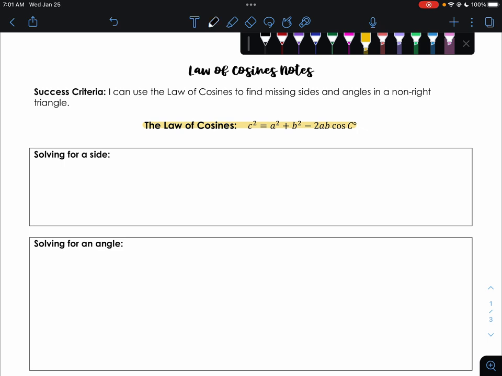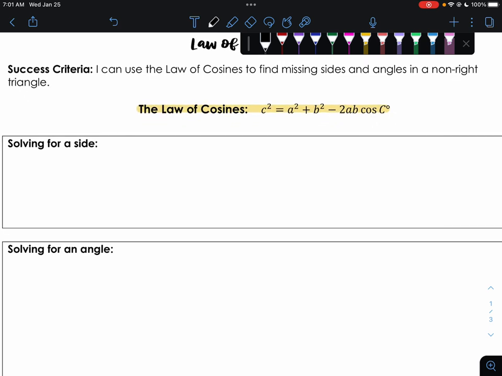So if we wanted to start with solving for a side, I'm going to show you what that equation would look like. So I'm going to start by writing law of cosines down. So we have c squared equals a squared plus b squared minus 2ab times cosine of angle C. If I wanted to solve for side C, all I would need to do is take the square root of both sides.